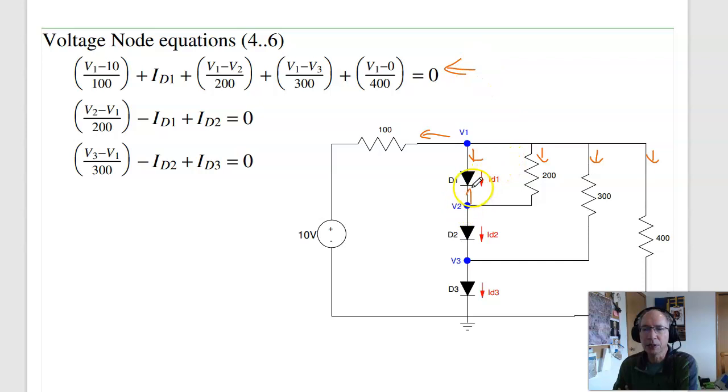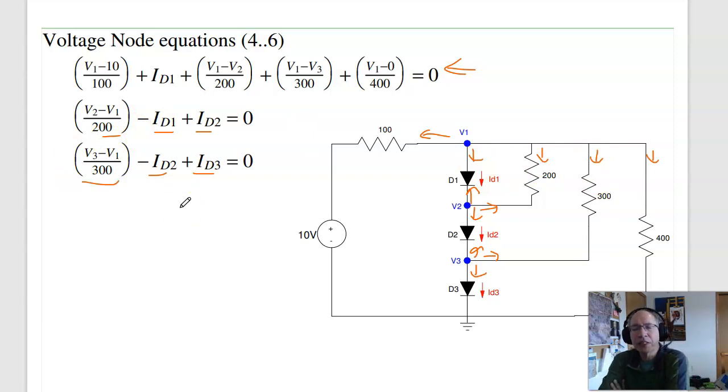Diode 2, current up, current down, current right equals 0. Current up is minus ID1, current down is plus ID2, current right is V2 minus V1 over 200. At diode 3, at V3 I mean, current up, current down, current right add to 0. Current up is minus ID2, current down is plus ID3, current right is V3 minus V1 over 300.